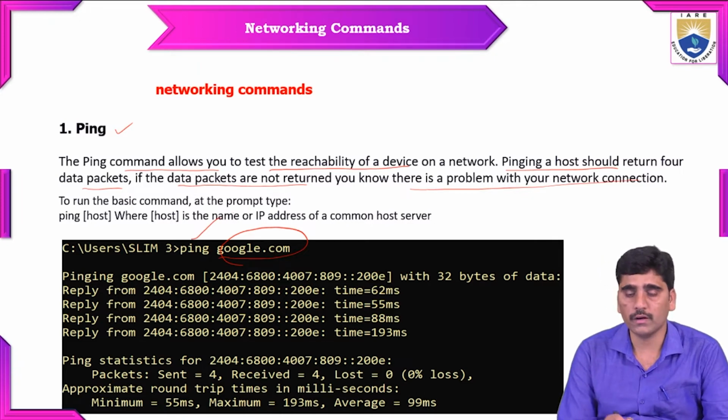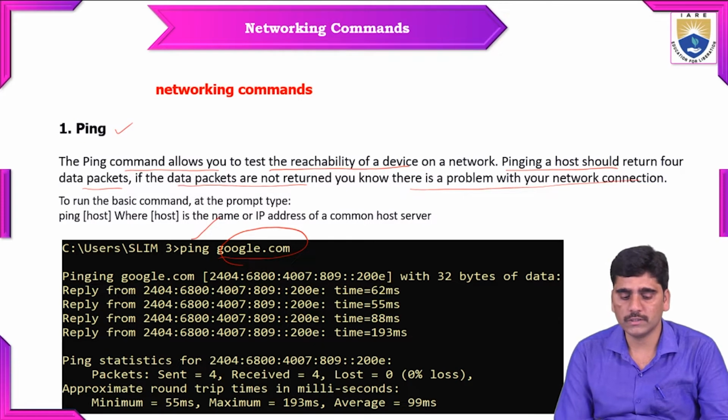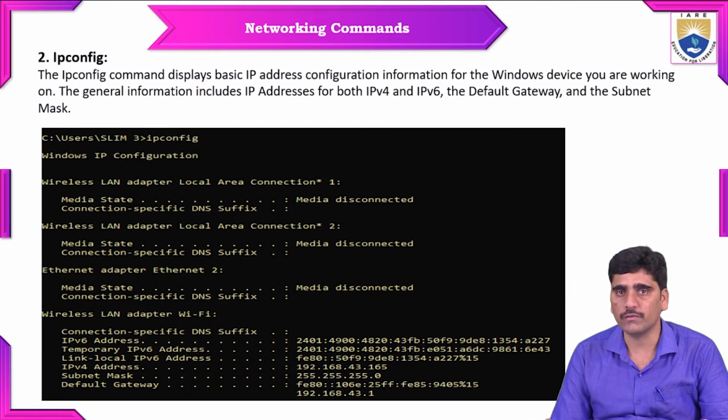Here you can find the ping statistics for the IPv6 address and the IPv4 address. So this is the command used to test the reachability of the target IP address or target domain address. And the second one is ipconfig.